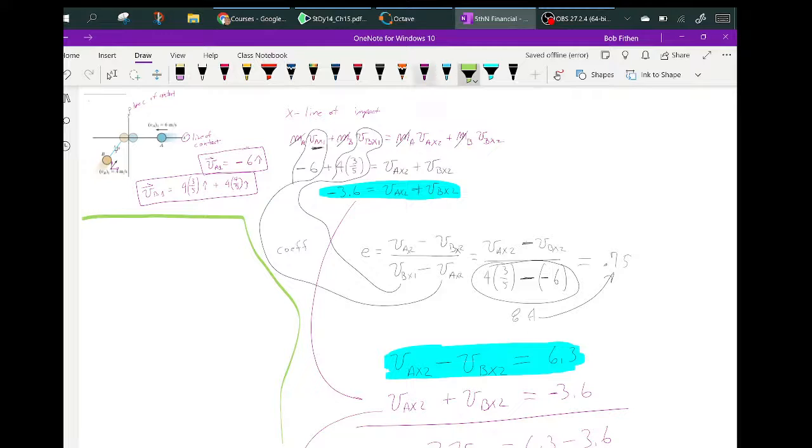So the impact along the Y, there isn't one. So VAY2 is equal to VAY1, which is equal to 0. There's no Y velocity there.